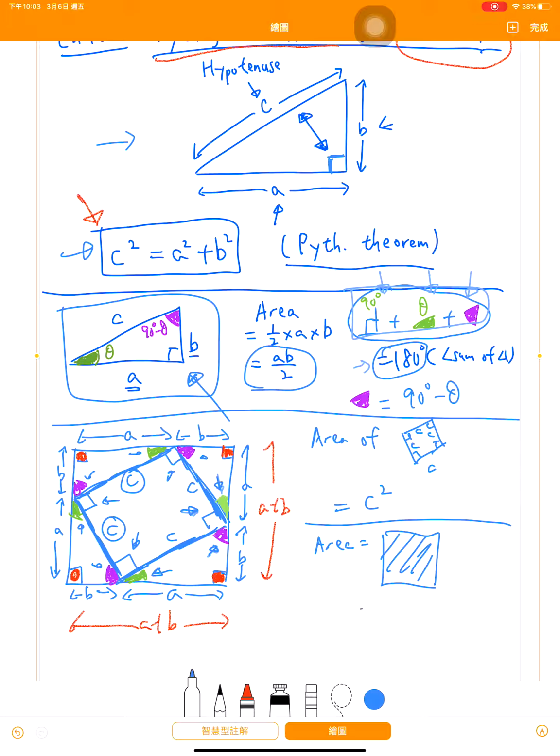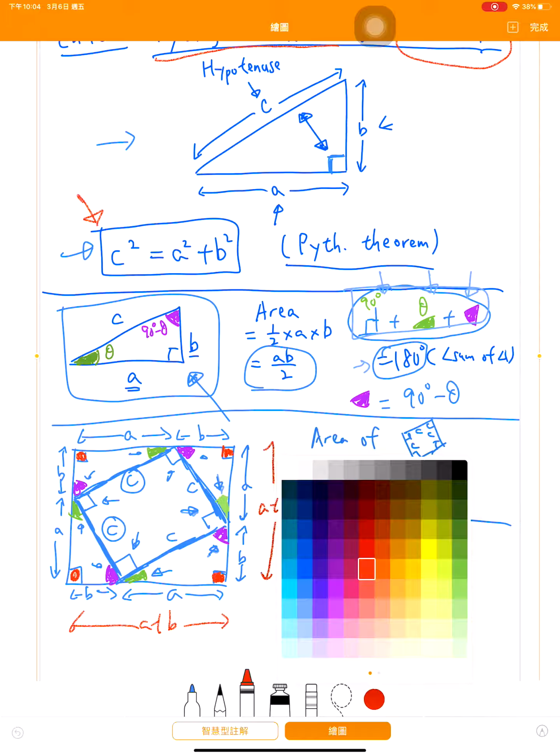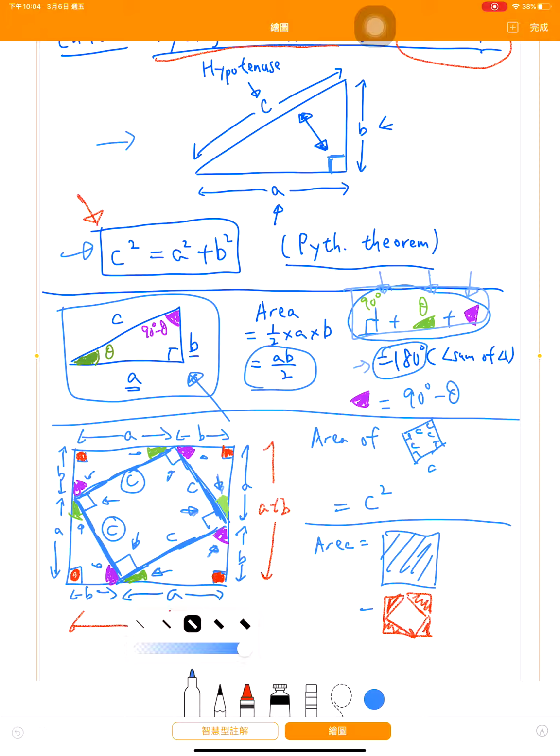And then we minus this part, this part, and this part. When we minus these four parts, then we have remaining the square of the C, right?